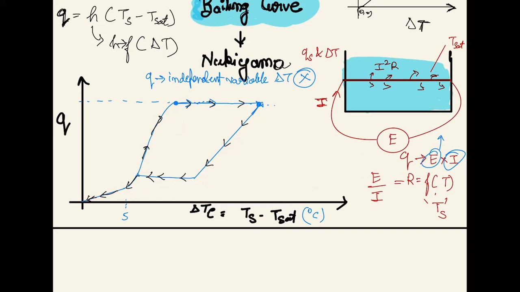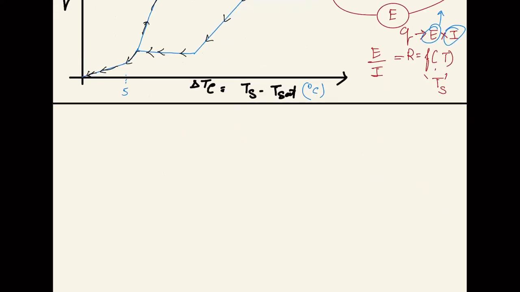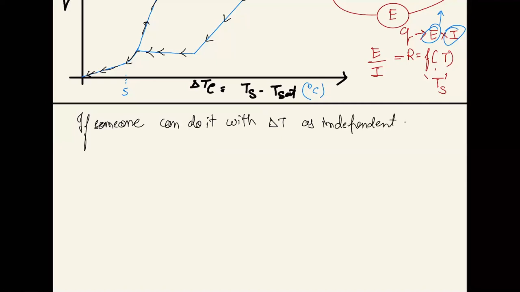If someone is able to do an experiment wherein he can have delta T as an independent variable, he can capture the complete graph.